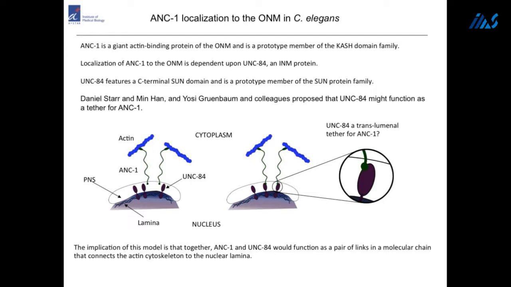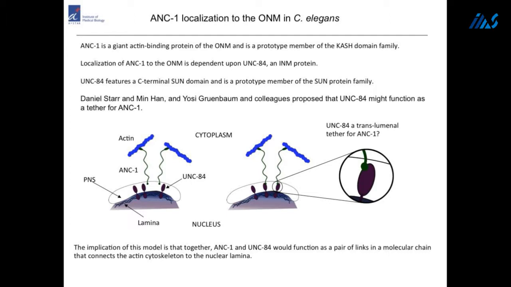So the focus here was on ANC1, a giant actin-binding protein, which is a prototype member of the KASH domain protein family. ANC1 was known to localize to the outer nuclear membrane. Its localization was found to be dependent on a second membrane protein, UNC84.